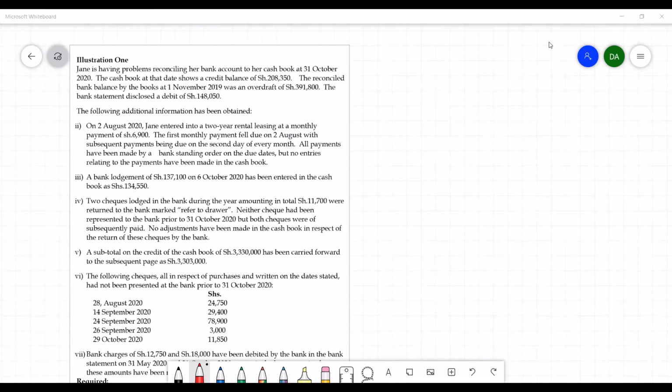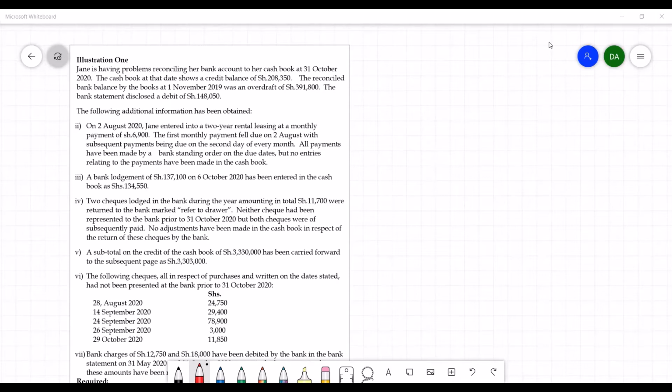The reconciled bank balance by the books at 1st November 2019 was an overdraft of 391,800. The bank statement disclosed a debit of 148,50. The following additional information has been obtained.